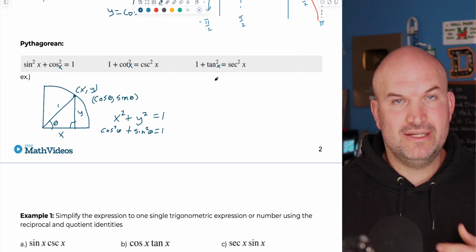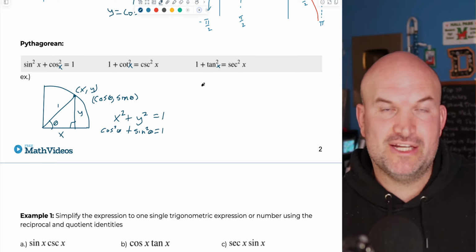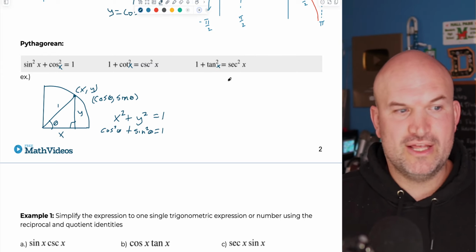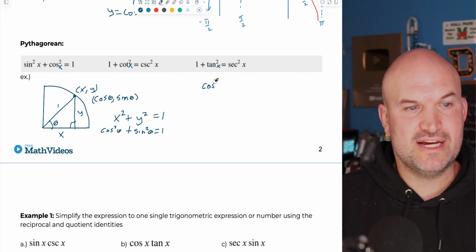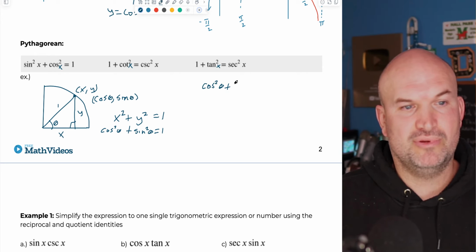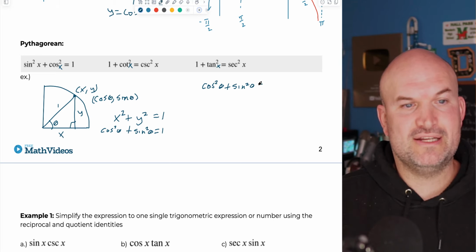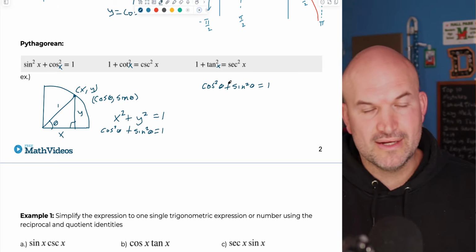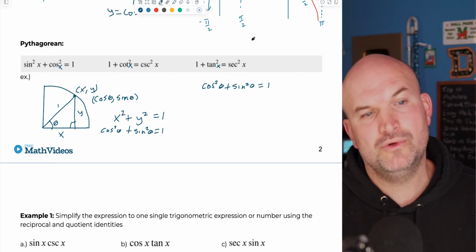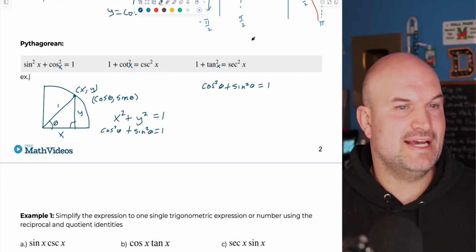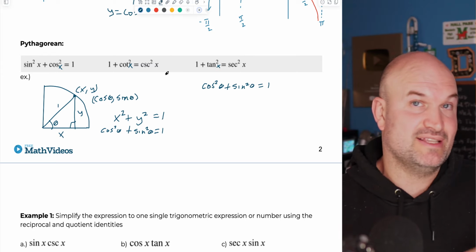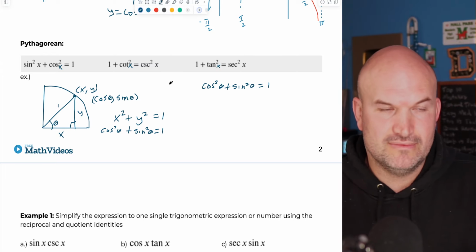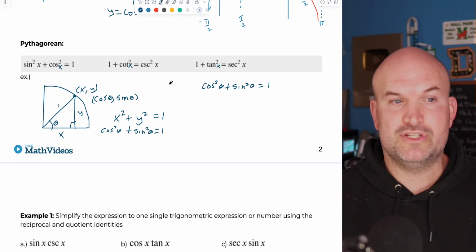Well, again, just like we did some algebraic manipulation in the reciprocal identities, we can do that over here too. So if I have the cosine squared of theta plus the sine squared of theta, and we know that's equal to 1, right? Now, if I want to divide everything, as long as I'm doing the same thing to everything, I'm just creating an equivalent equation.